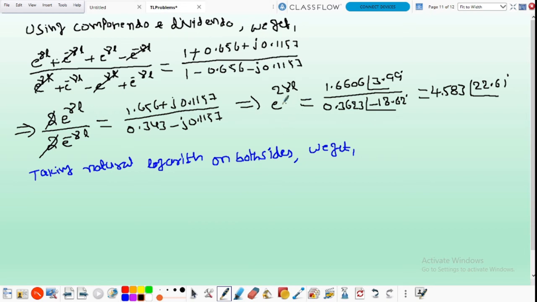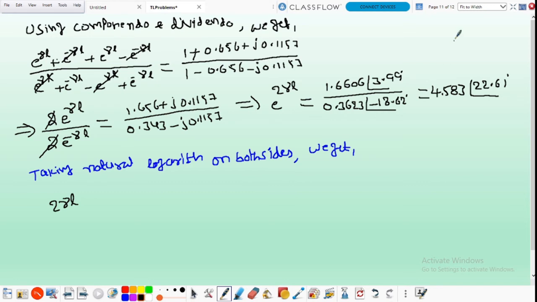What is the LHS term? E power 2 gamma L, and the natural logarithm of e power 2 gamma L is 2 gamma L. Log e base e is 1.